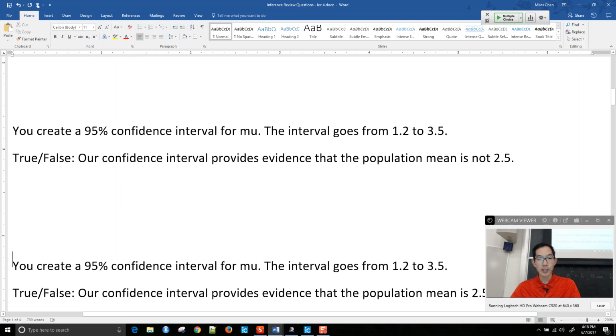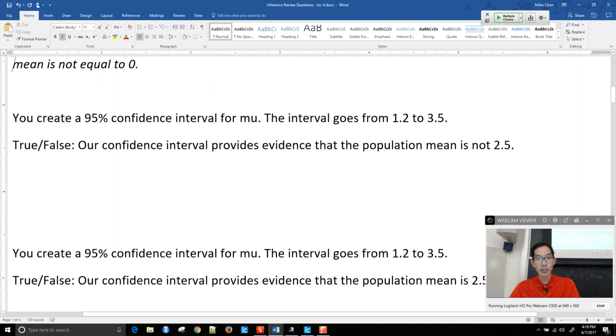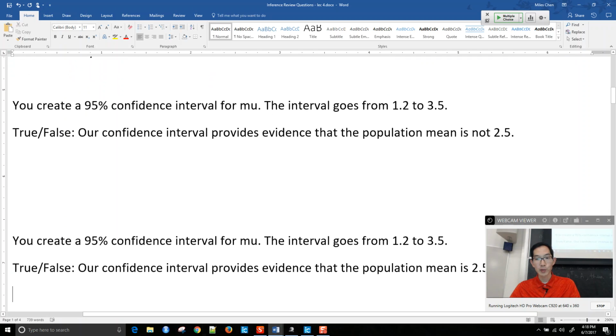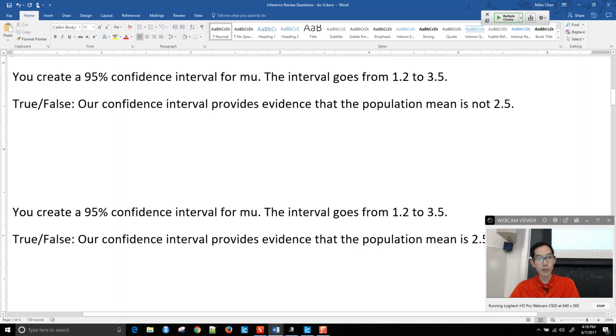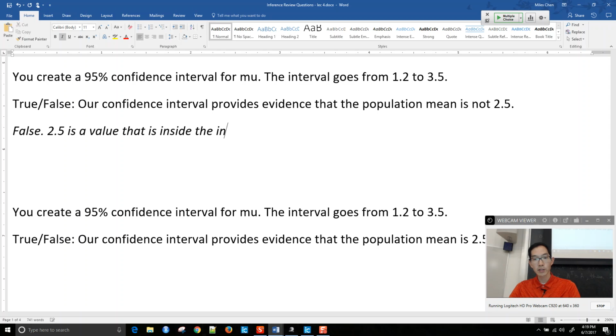Okay, what if you create a 95% confidence interval for mu, and the interval goes from 1.2 to 3.5. True or false, our confidence interval provides evidence that the population mean is not 2.5. Not a clicker question, just call out the answer. False, right? 2.5 is a value inside the interval.